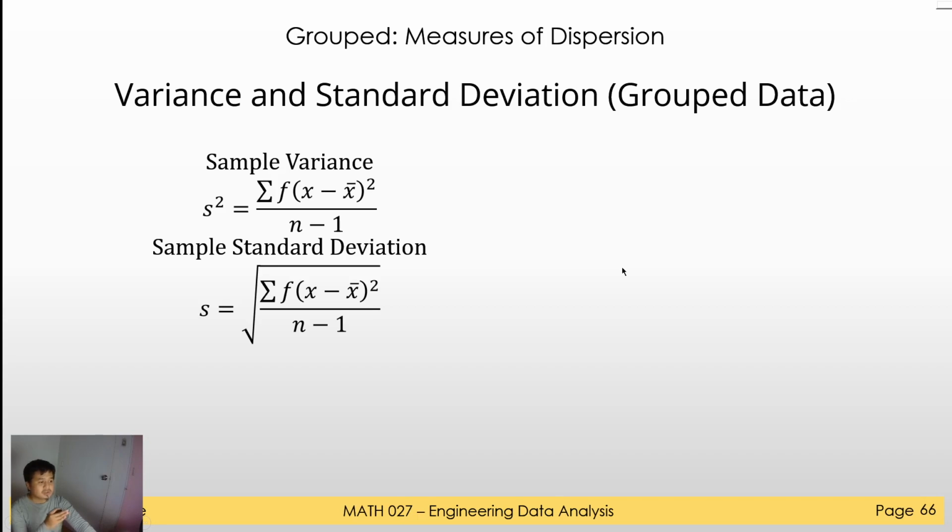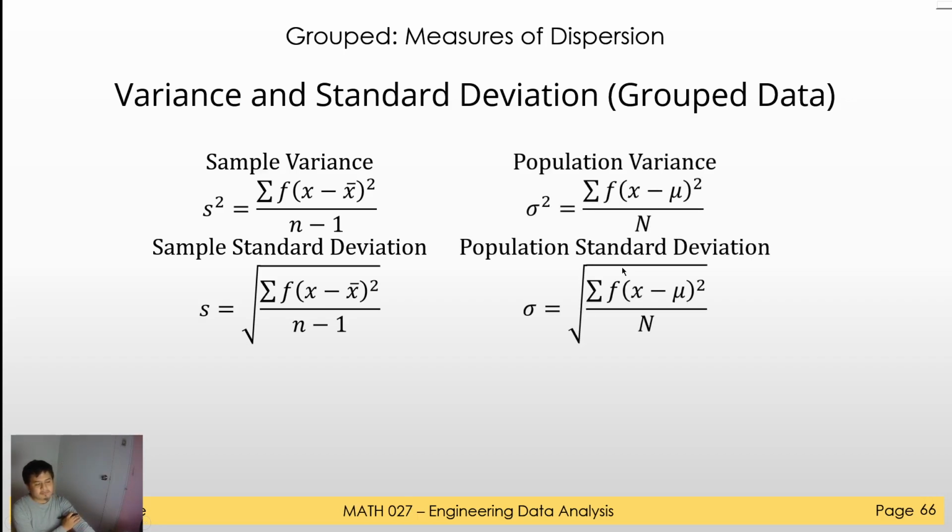Which is the square root of, again, the summation of f times (x minus x bar) squared over n minus 1. It could also be a parameter. When we talk about the parameter, we have the variables for the population.